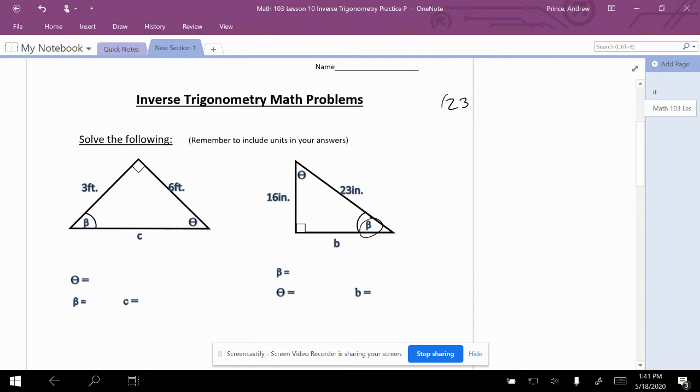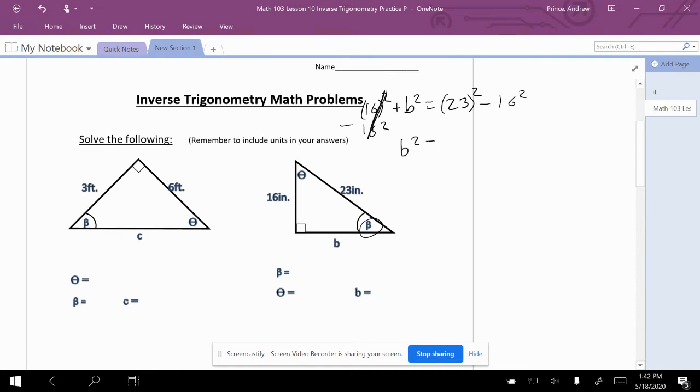So if we take our hypotenuse as 23, that's going to be our C value, and our A, 16 squared plus B squared will equal our C, 23 squared. So if we want to move that around a little bit first, we could say that we'll just subtract 16 squared from this side and subtract it from this side. Those will cancel out.